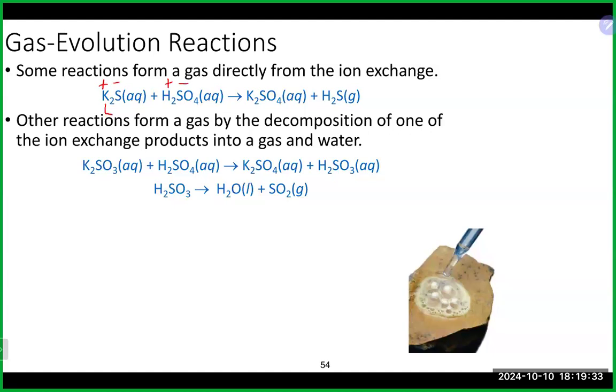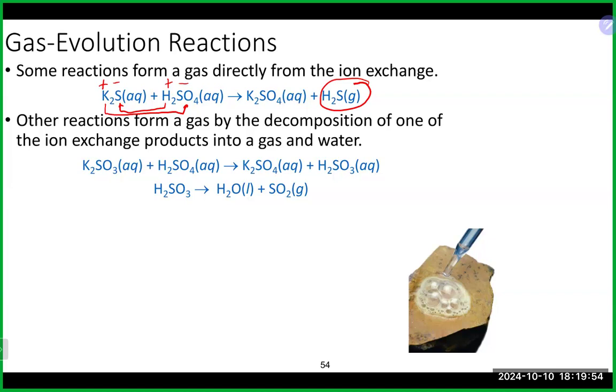They're going to switch partners, the hydrogen and the sulfide come together, and that will directly make hydrogen sulfide gas, which nobody wants to smell. It does not smell pleasant. It's made as a direct result of those guys exchanging.